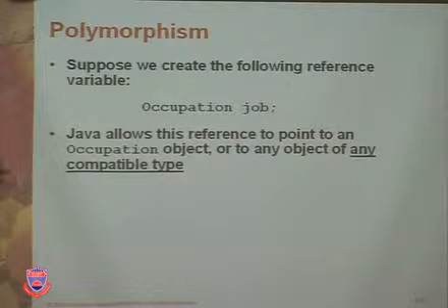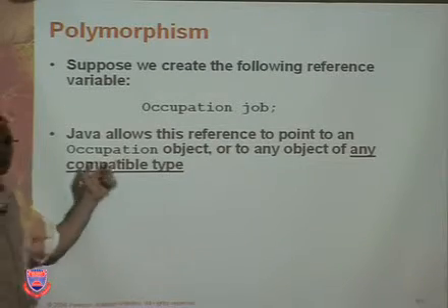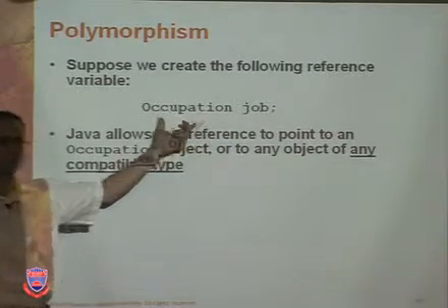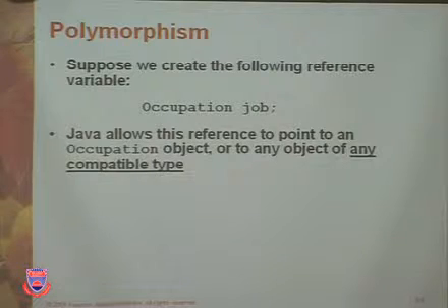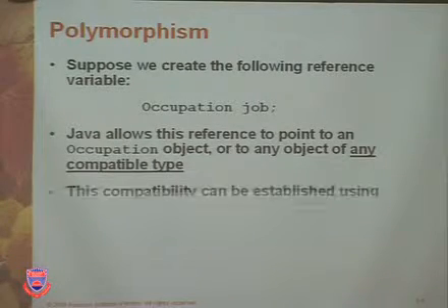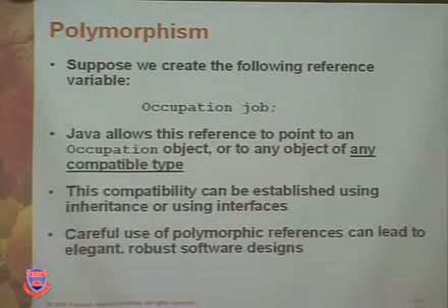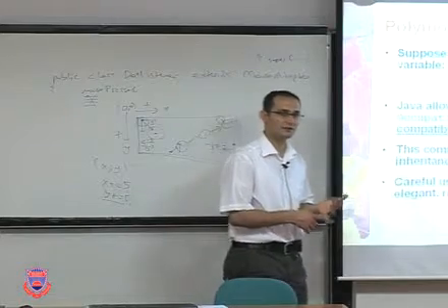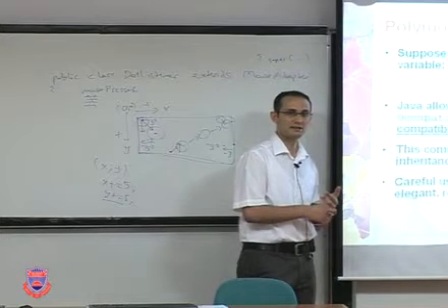So suppose we create the following reference variable, occupation job, and then I would like to have this job to have a different type of object. That's possible if my object type that I would like to create is compatible with the object occupation. So this applies directly to the parent and child relationship. So when you look into inheritance or interfaces, you can see this relationship.